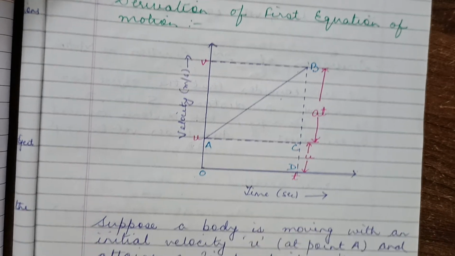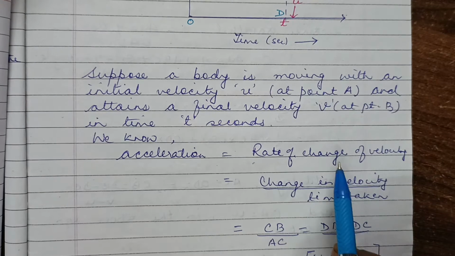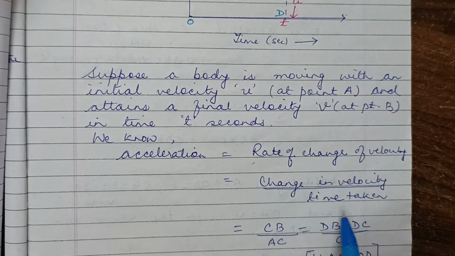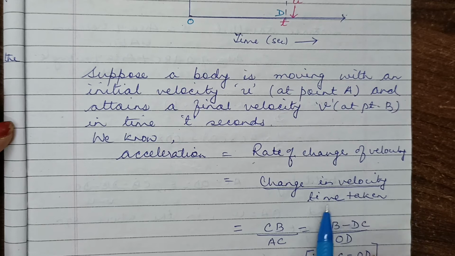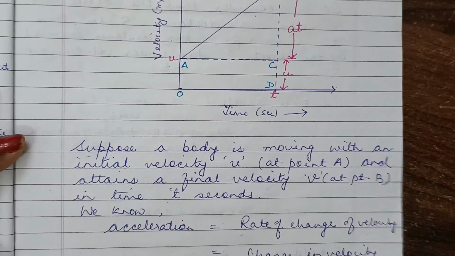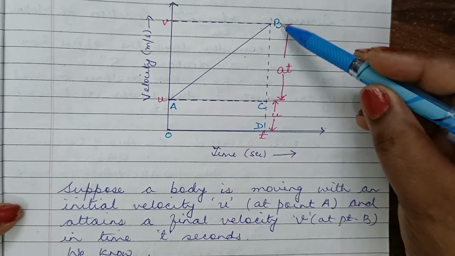Now we know that acceleration a is equal to rate of change of velocity, that you all know. Now what is rate of change of velocity? That is change in velocity by time taken. So a is equal to change in velocity by time taken. Now what is the change in velocity here? You can see it is CB. Why?